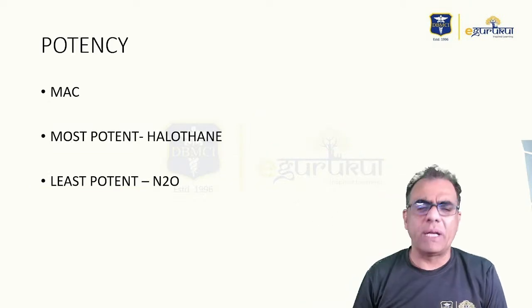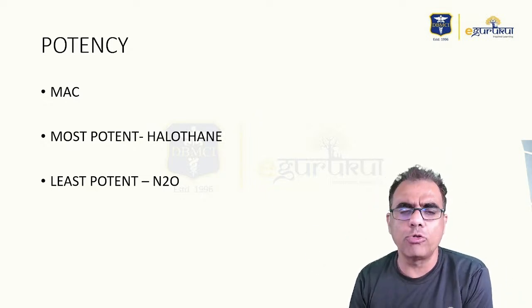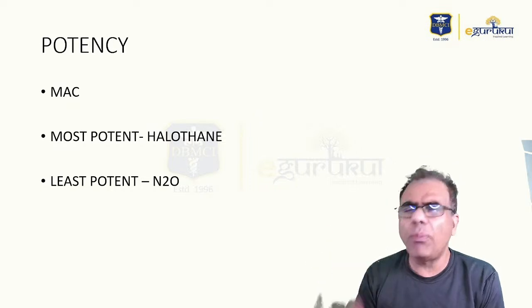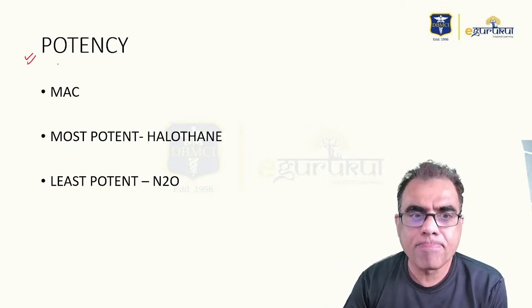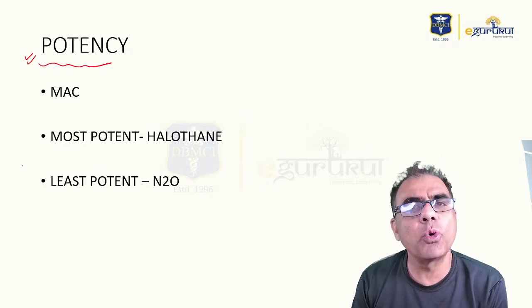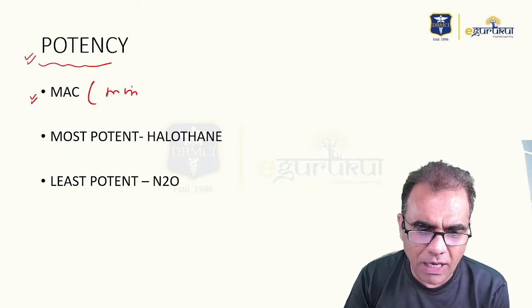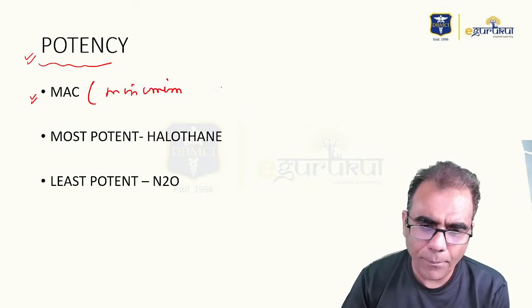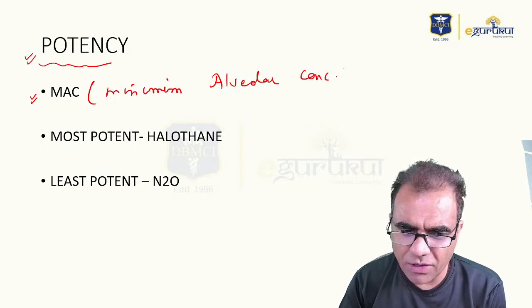Now, there are many properties, but of course, it's not possible for you and not required for you also to go into details. Two important properties that you should know. One is the potency, how much an agent is potent. And potency is denoted by MAC, that is minimum alveolar concentration.